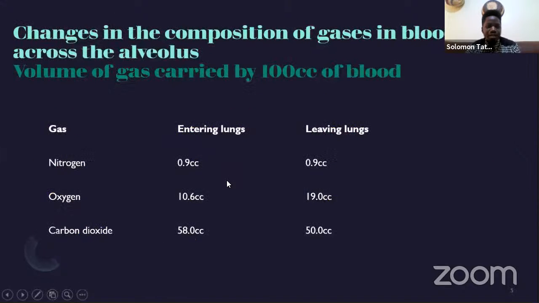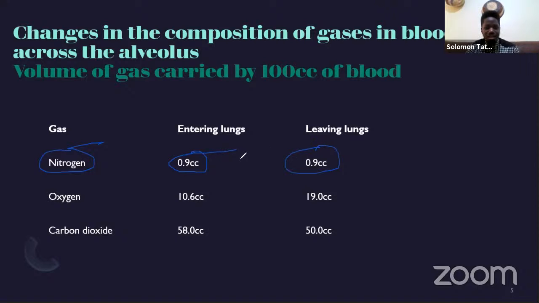Okay. So let's look at the volumes carried by the blood. So let's look at nitrogen. Nitrogen is not required in the body. We don't use it for anything. The nitrogen that we need is carried in a different form, not in a gaseous form. Therefore, the amount that gets into the lungs, as you can see, is about 0.9 cc. And the amount that gets out is the same, 0.9 cc.